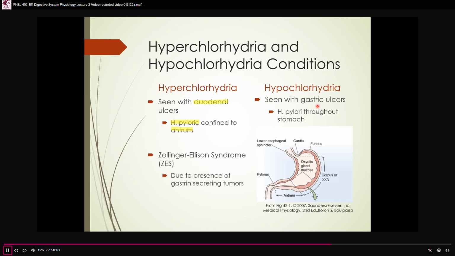If, on the other hand, you had your, well, before I go there, let me say that there's one other condition where we could also have hypergastrinemia, too much gastrin present in the bloodstream that is driving too much acid production up in the oxyntic glands in the stomach. And this is the condition of Zollinger-Ellison syndrome. In this syndrome, this is where you have a gastrin-secreting tumor. So you have abnormal tumor cells, cancerous cells.